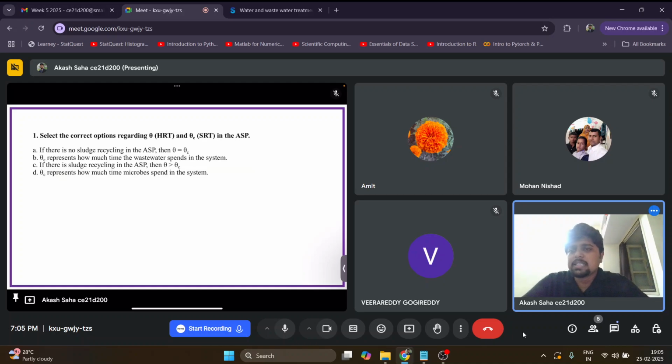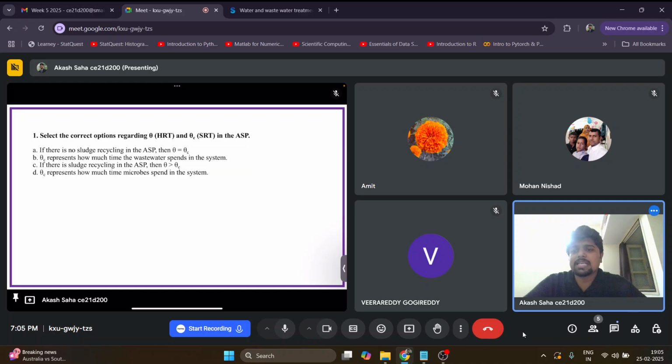It says: select the correct options regarding theta, that is HRT, and theta C, that is the SRT in the ASP. HRT means the hydraulic retention time and SRT is the sludge retention time. The options say: if there is no sludge recycling in the ASP, then theta is equal to theta C. Theta represents how much time the wastewater spends in the system.